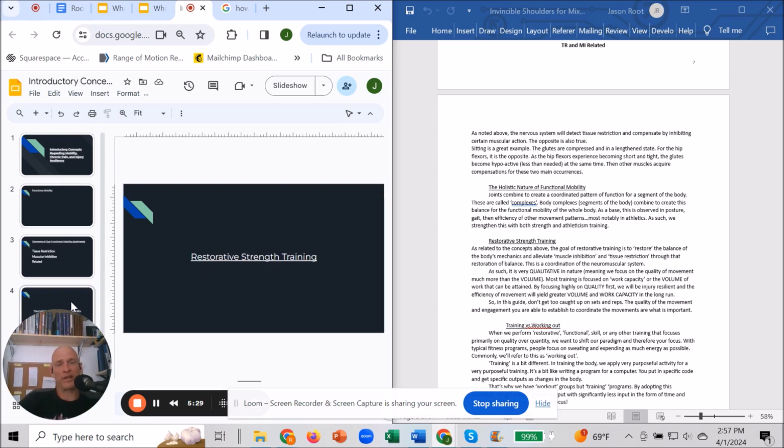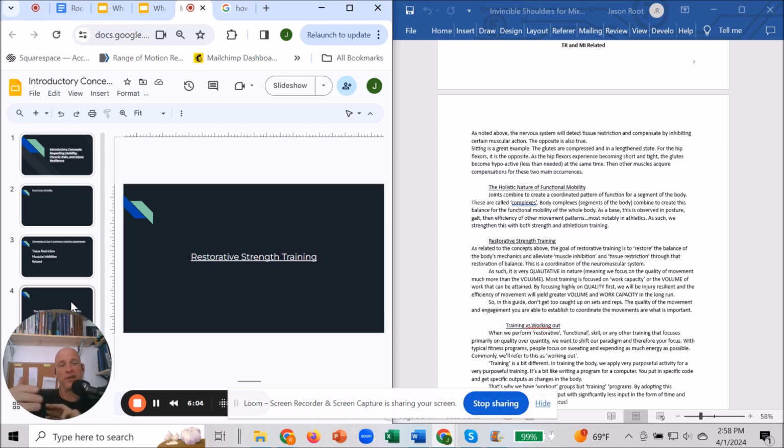Restorative strength training, or we could call it restorative strength and mobility training, is to try and coordinate all those things that we just talked about back into the pattern that they need to be for healthy movement. Typically with this, we'll first alleviate the tissue restriction, and then we'll try to recover the coordination patterns in order to eliminate muscular inhibition.